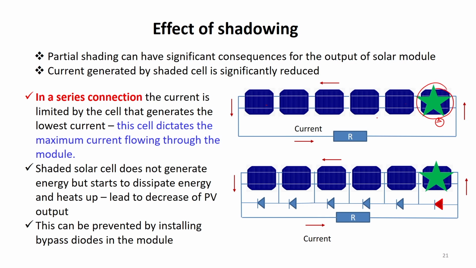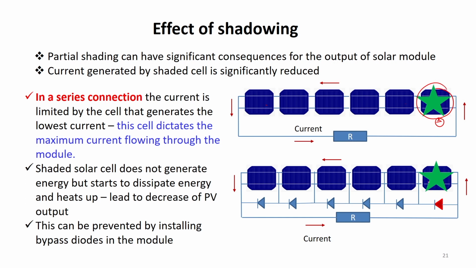So, power generated by the circuit will be very, very less. The shadowed cell does not generate energy, but starts to dissipate energy and heats up, which leads to decrease of PV output, and this can be prevented by installing bypass diode in an appropriate manner in the module, right. You can see now these are the diodes which are connected. Okay.